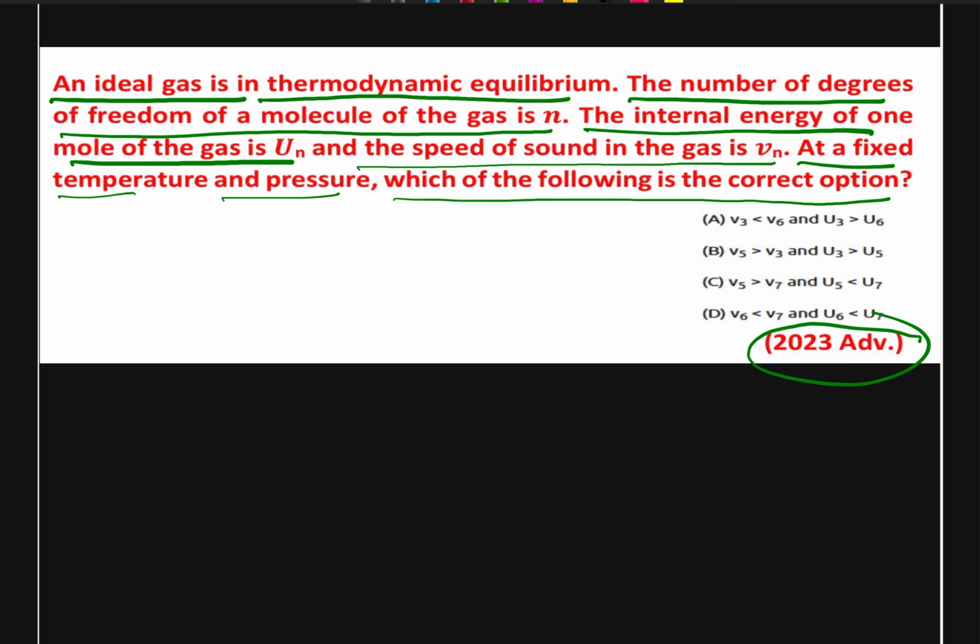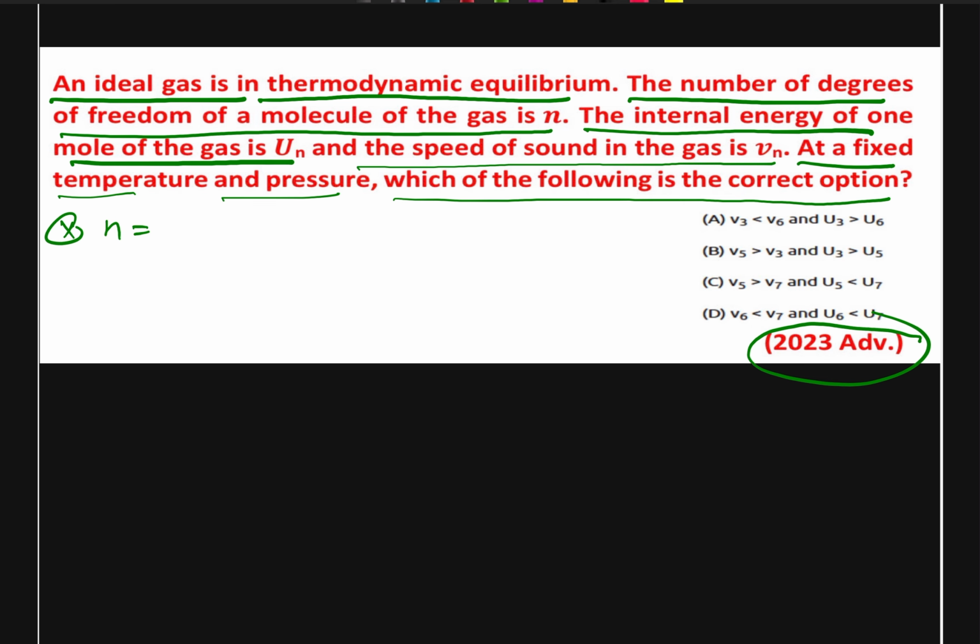Okay, so we have to find out according to degree of freedom. In this option, the degrees of freedom are basically 3, 5, 6 and 7. So we have to make a comparison between their respective speed of sound and internal energy for different values of n.